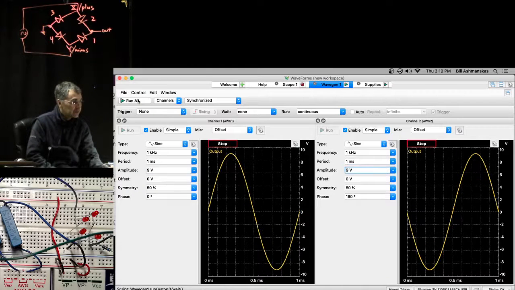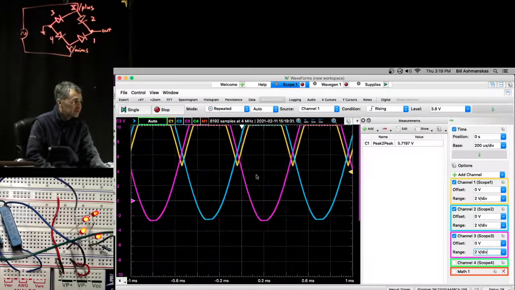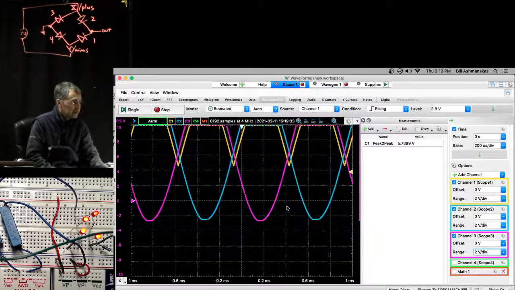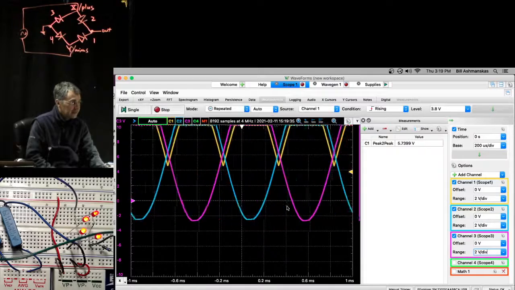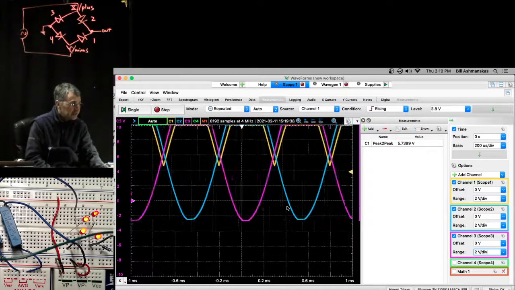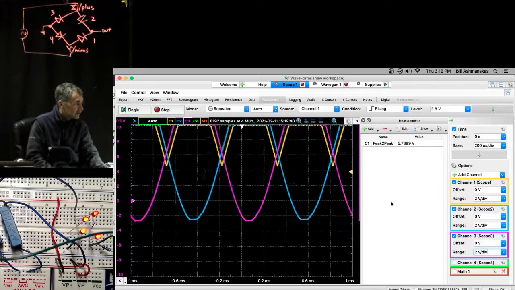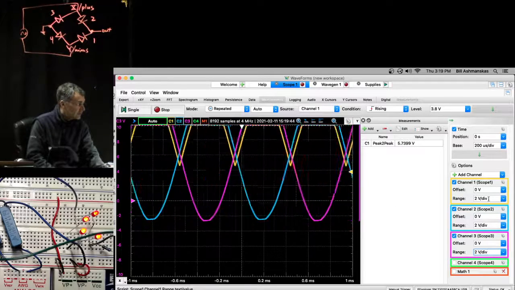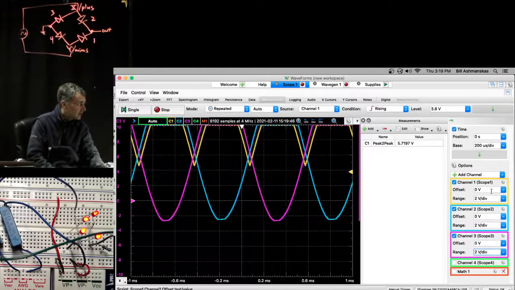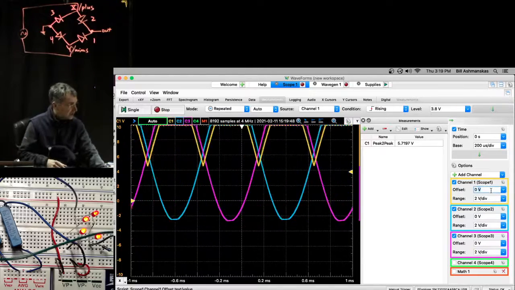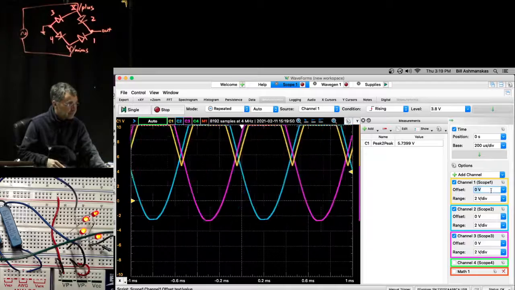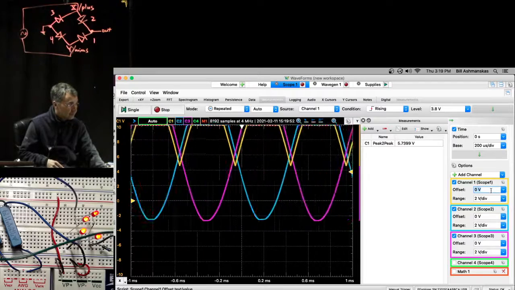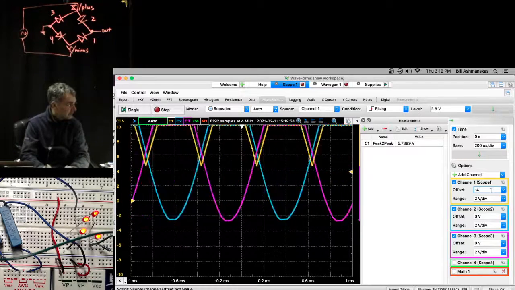We'll stop everybody, and then we'll restart everybody. Go back to the scope. And yeah, maybe it is working because, actually, okay, so I think maybe 2 volts per division isn't enough. Oh, no, I can just offset everybody. Everybody's going to be offset by minus 4 volts. Let's try that.